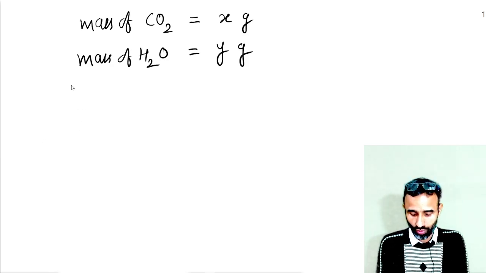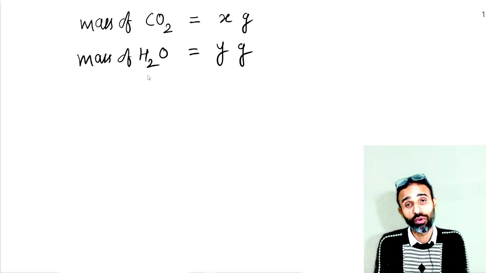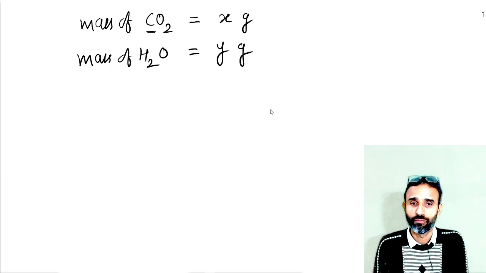Now you know that the molecular mass of carbon dioxide is 44. So in 44 gram of carbon dioxide, what is the contribution of carbon? 12.